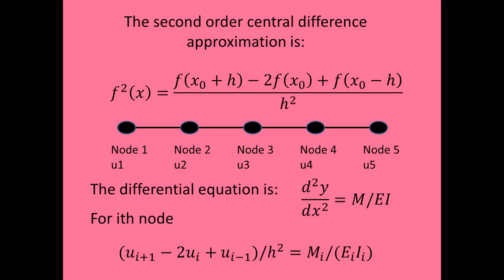When i is going to be 2, i plus 1 is going to be 3, and i minus 1 is going to be 1. Therefore, the 3 unknowns which are going to appear in this equation are u3, u2 and u1.